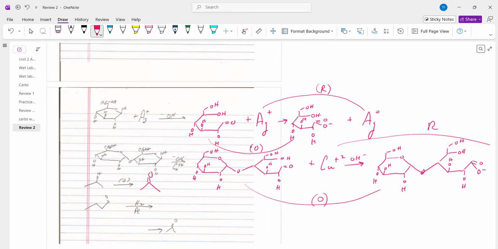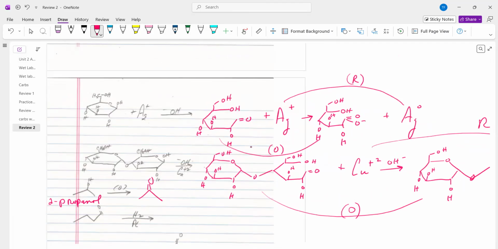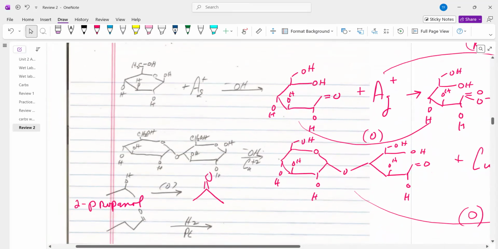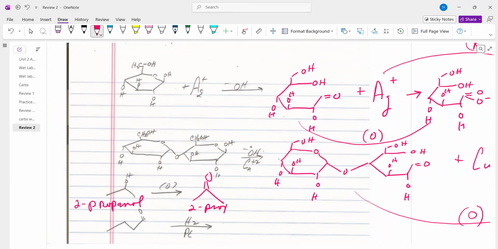So this is 2-propanol, and this is 2-propanone. And the 2 is optional, because for that to be a ketone, that's the only eligible place it can be.